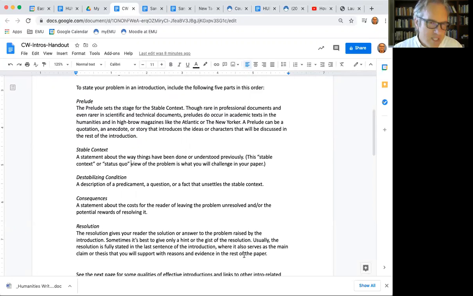These are all different questions that you all are raising in your papers, and this set of categories gives you a way of raising that question for your reader, describing how other people have answered that question, and then setting the stage for how you will answer that question in your own paper. Okay, so these 5 things, prelude, stable context, destabilizing condition, consequences, and resolution, are things that you can put in your intro in this order in 1 or in several paragraphs.